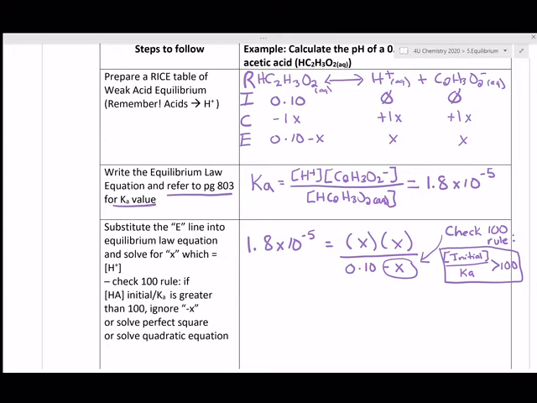So for our question, we are going to do 0.10 divided by 1.8 times 10 to the negative 5. And if you do that carefully, you should get 5,555, which is much bigger than 100. So that is greater than 100.